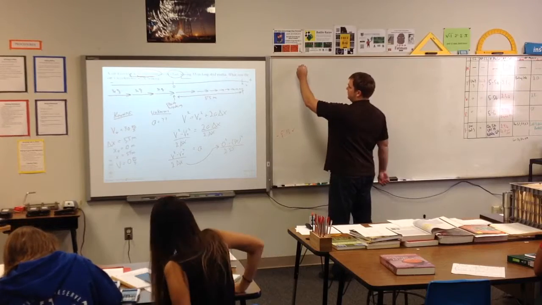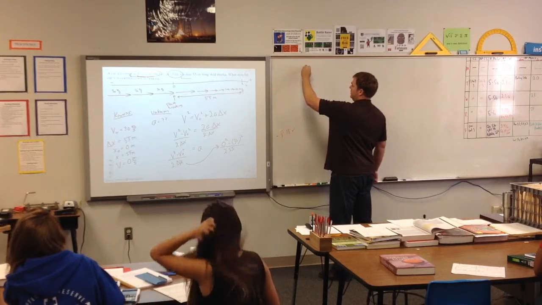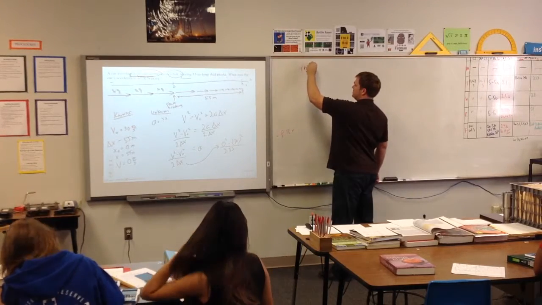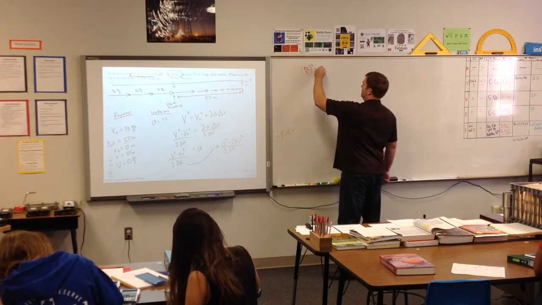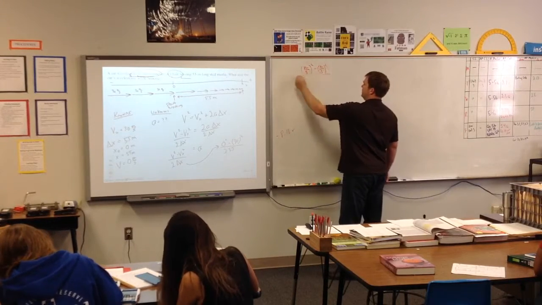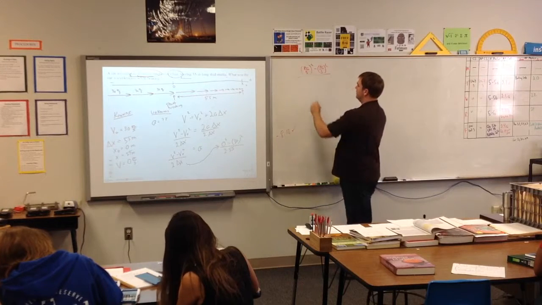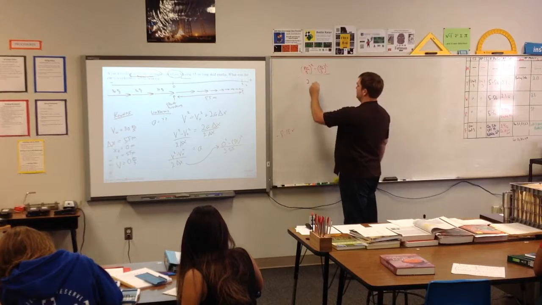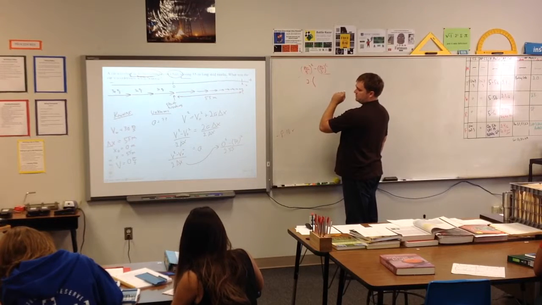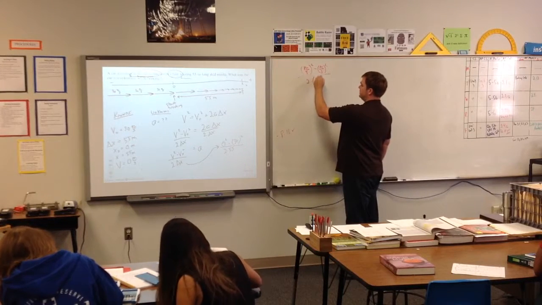Velocity is what type of unit? Meters per second. So meters per second squared, minus meters per second squared, all over 2 times meters.